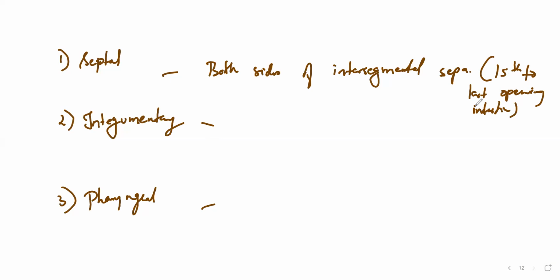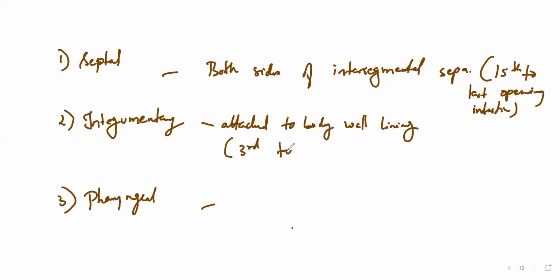Then comes the integumentary nephridia. This is basically attached to the lining of the body itself, the body wall lining, and this will be from the third segment to the last opening on the body surface.